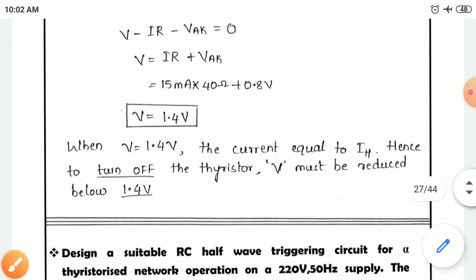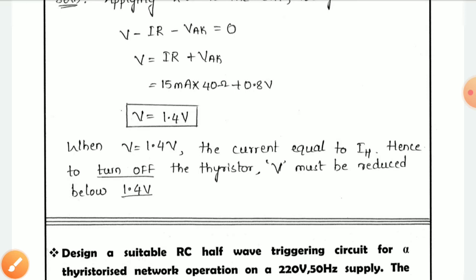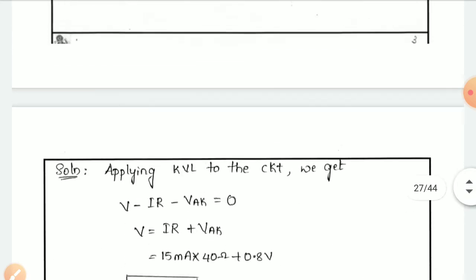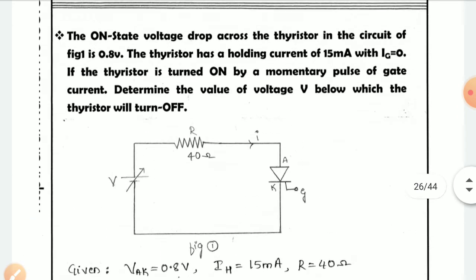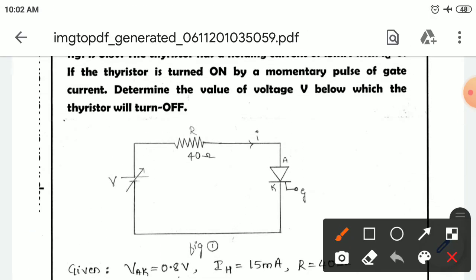So you just have to write it like this. When the input V is 1.4 volts, the current is equal to IH. Hence, to turn off the thyristor, V must be reduced below 1.4 volts. They asked for the value of V to turn off your SCR, below which the thyristor will be off.